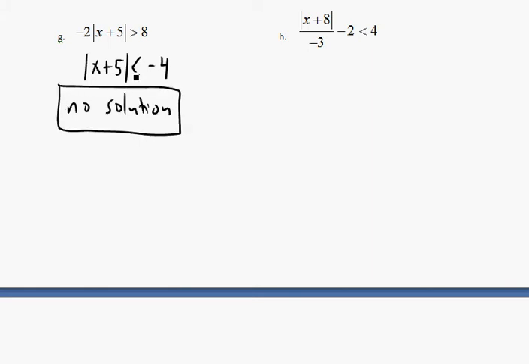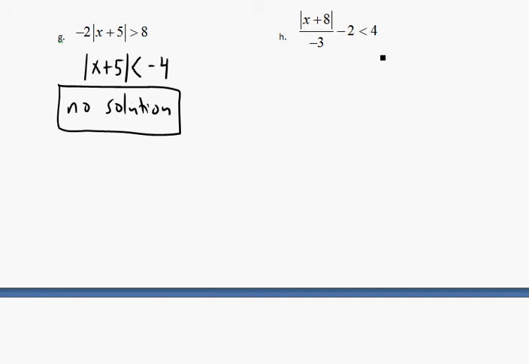That's something to keep your eye out for. If you have the absolute value of a quantity is less than a negative, that can't happen since a distance has to be positive, or I suppose a distance could be 0, but a distance can't be negative. So our absolute value can't be less than a negative.